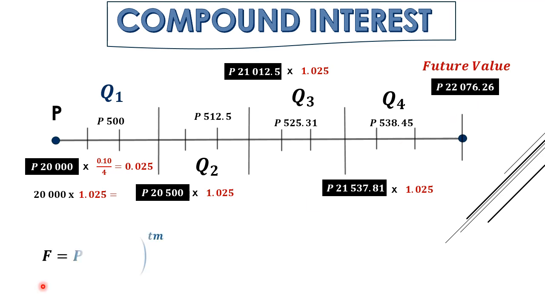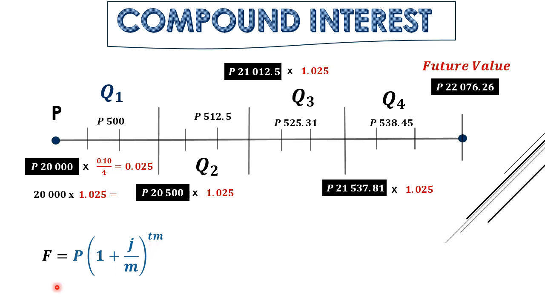If we use the formula from the previous video, F, the future value, equals P times (1 plus j over m) to the power of tm.